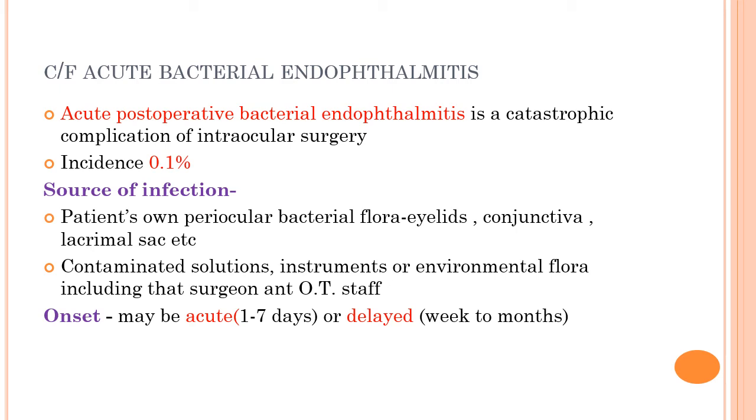Ideally we follow all the cleaning processes and hygienic conditions, but sometimes it may leak. The onset may be acute, starting within 1 to 7 days, or delayed endophthalmitis may start after a week or a month.